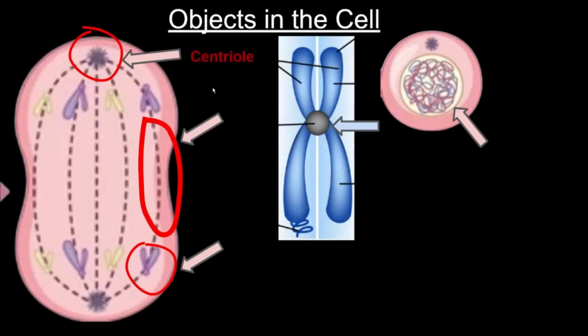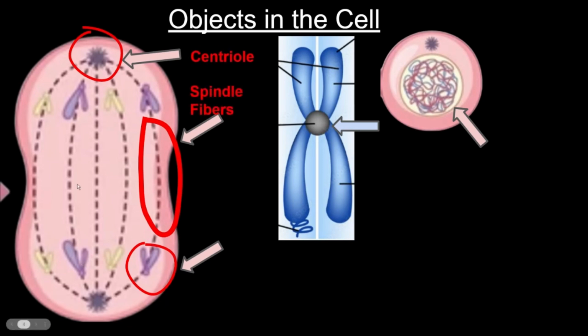Now there are a lot of objects in the cell that you have to understand. These dots on opposite sides of the cell, or opposite poles of the cell, are called centrioles. These dashed lines or stringy-like things are called the spindle fibers.